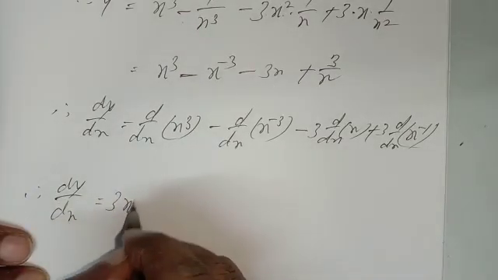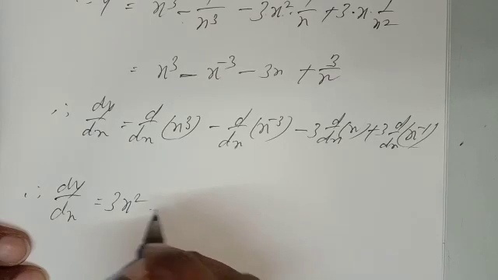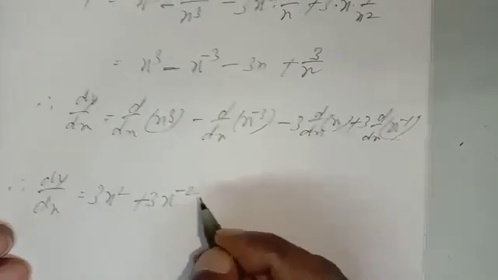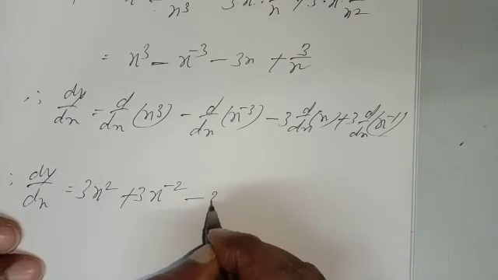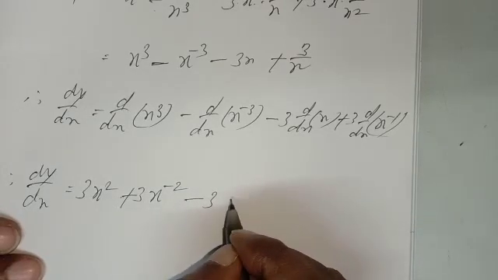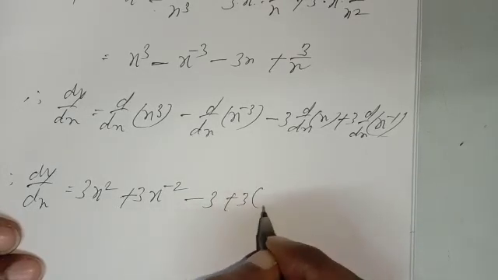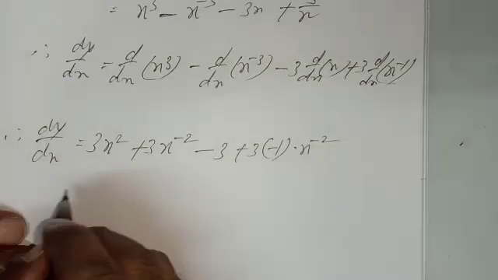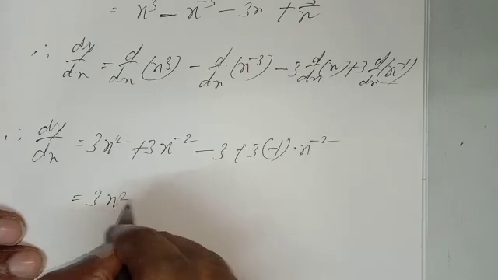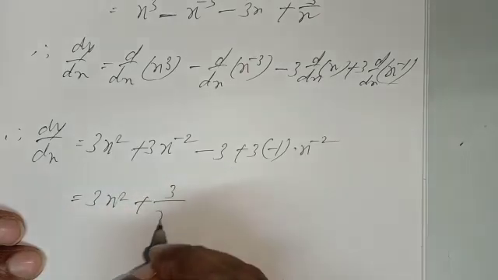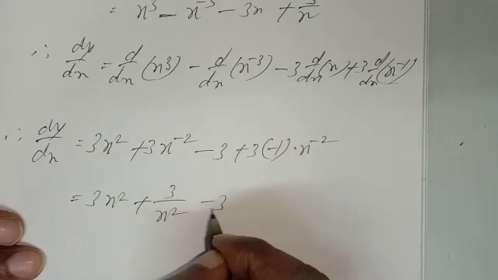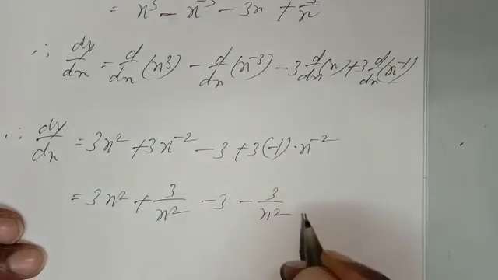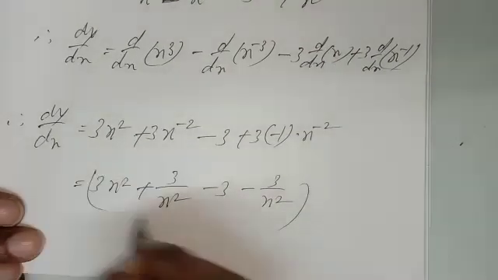This is 3x square, this will be minus 3 will come outside, that means plus 3, and x to the power minus 2, and this is minus 3 into 1 minus 3, and plus 3 minus 1 come here, x to the power minus 2. Again you have to simplify, 3x square plus 3 by x square minus 3, and this is minus 3 by x square. Okay, this is the answer.